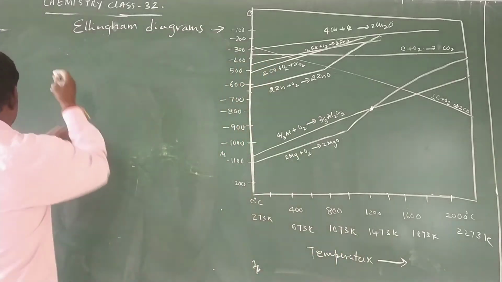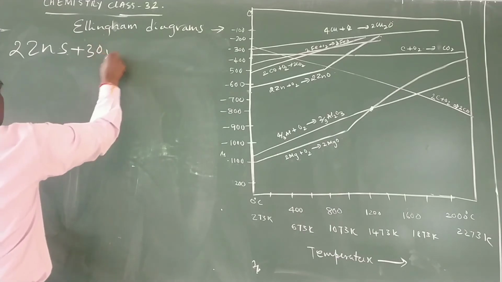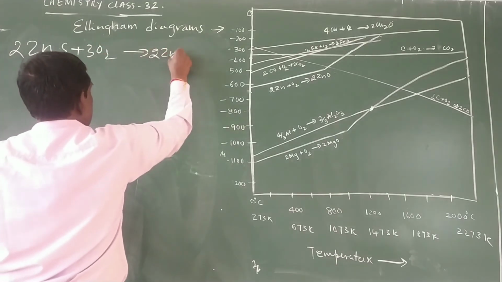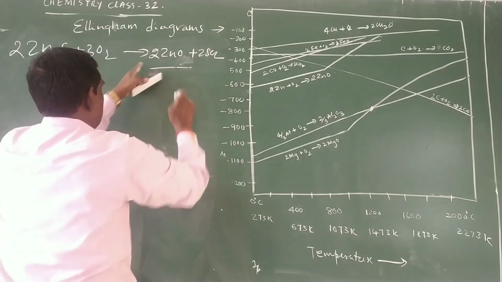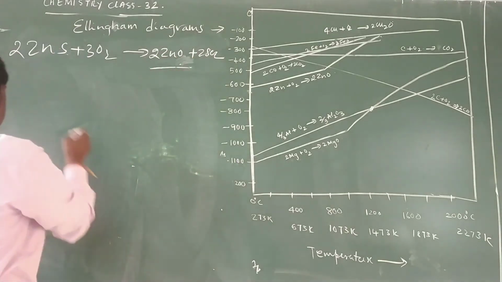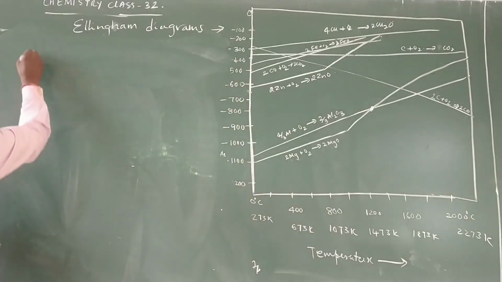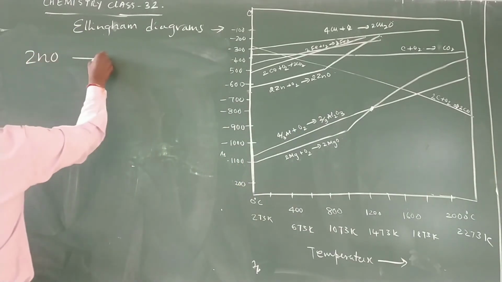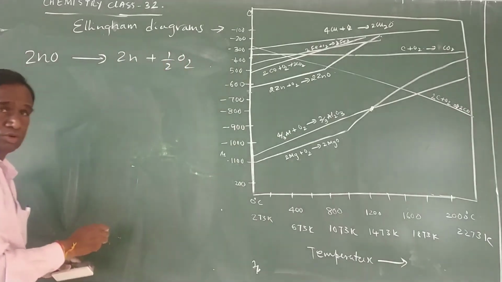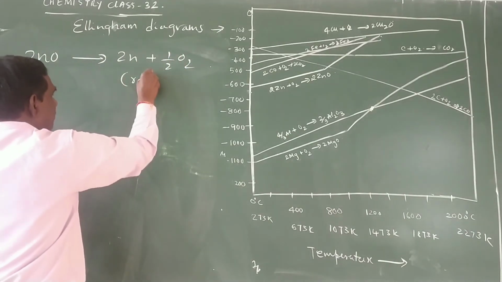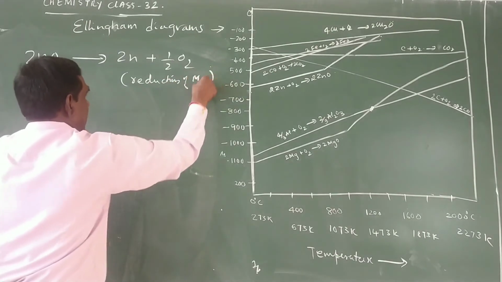According to the equation you already know, 2ZnS plus 3O2 gives rise to 2ZnO plus 2SO2. You will be getting 2ZnO. This zinc oxide will undergo reduction: ZnO gives rise to Zn plus half O2. That is called the reduction of the metallic oxide.